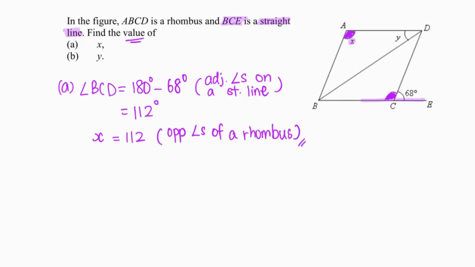Done. Let's take a look at y. Since it is a rhombus, these two sides are equal, meaning triangle BAD is an isosceles triangle.